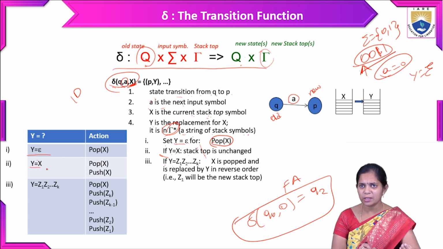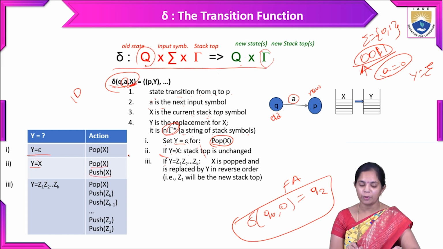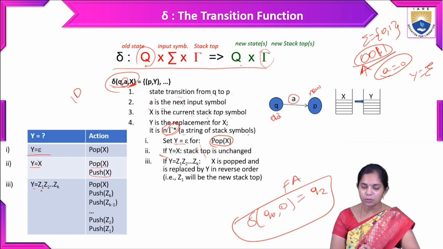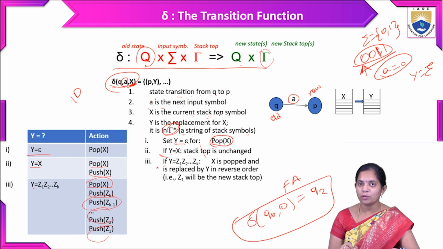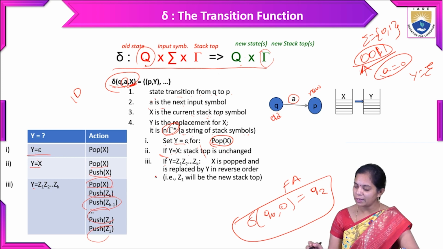And if Y is equal to X, the same value is repeated, so pop and push operations are performed. And if Y is equal to Z1, Z2 up to Zk, we have to pop X and push Zk and so on, like this. So we have to do the push and pop operations according to the given language.